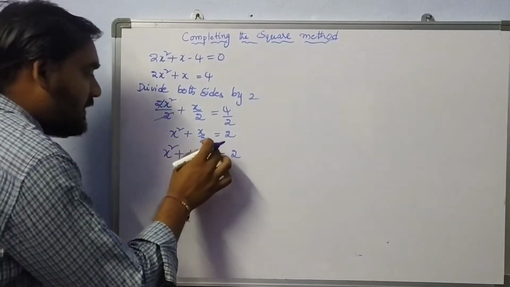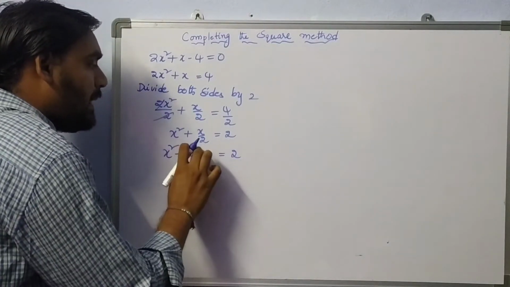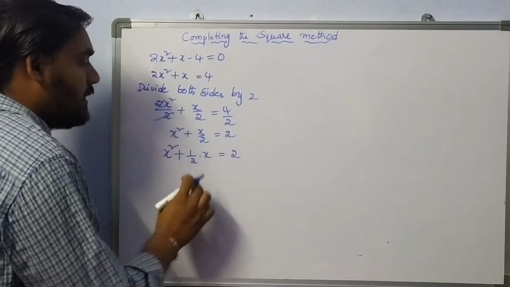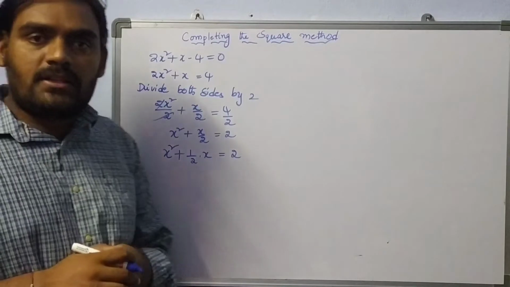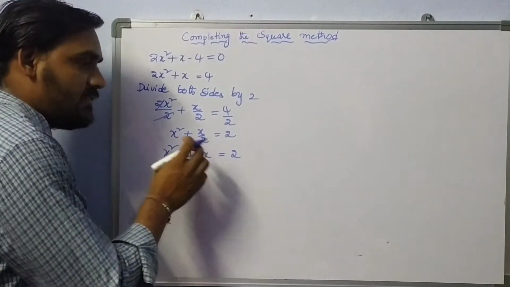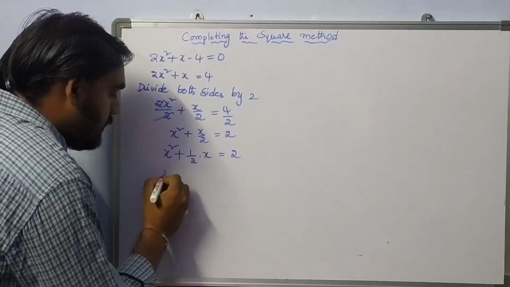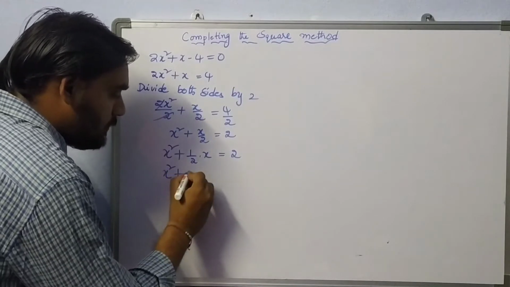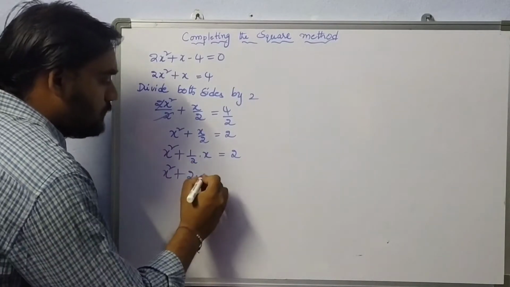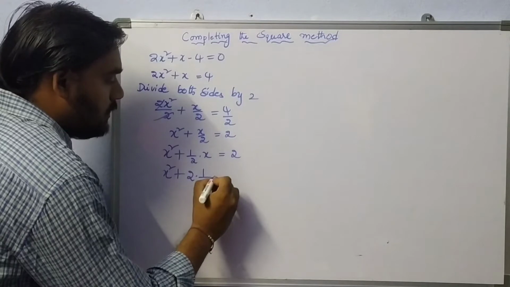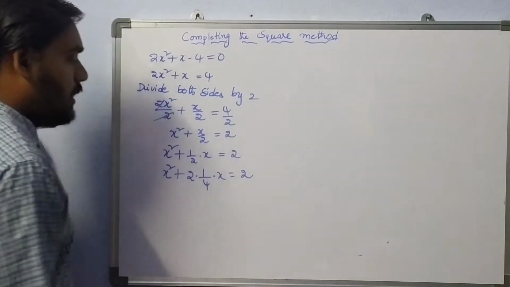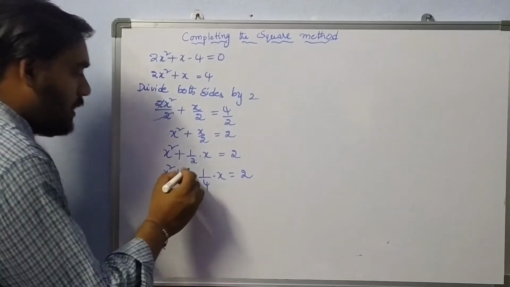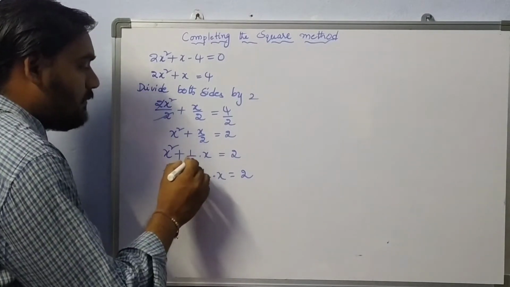After that, in this part, multiply and divide with 2. If you multiply and divide with 2, there is no change in this. So here, x square plus 2 into 1 by 4 into x is equal to 2. If you observe, 2 ones are 2, 2 twos are 4, you will get 1 by 2 only.